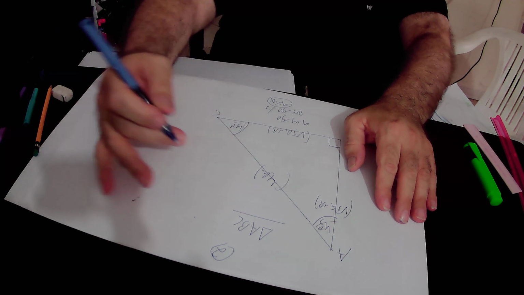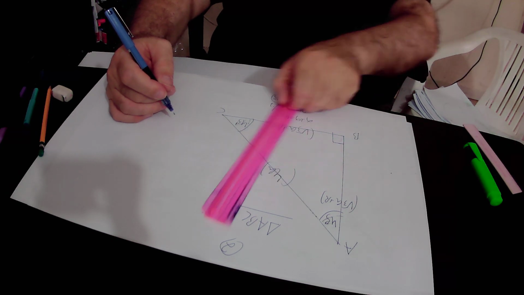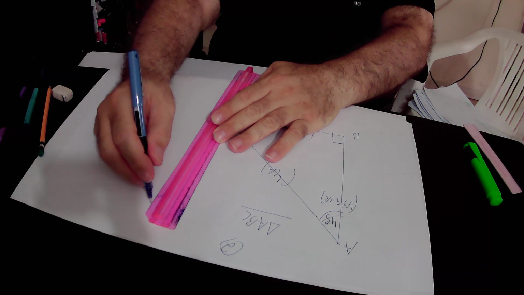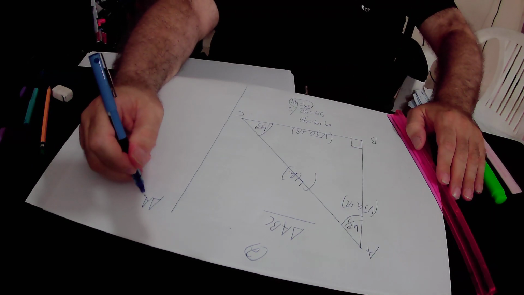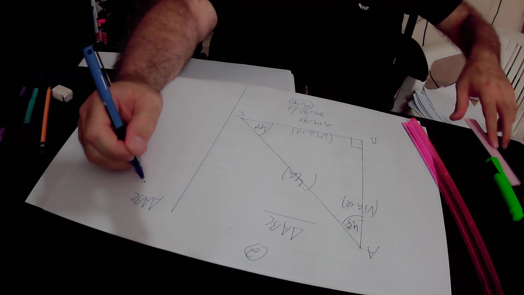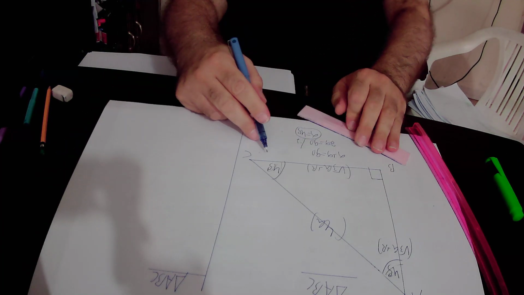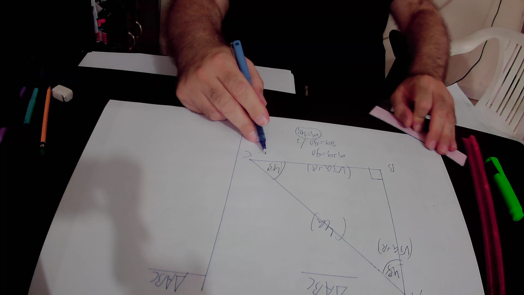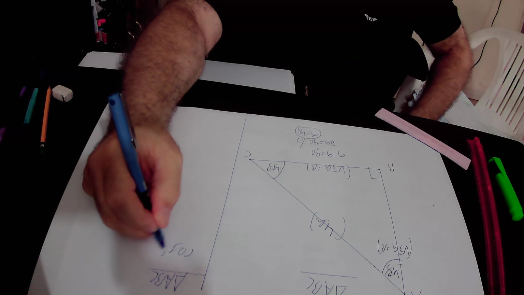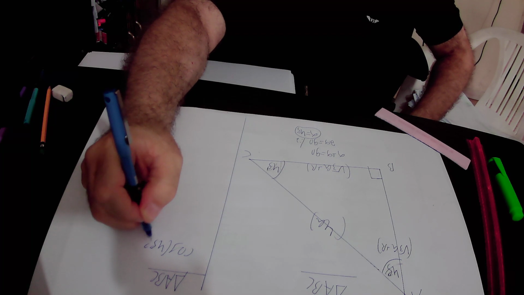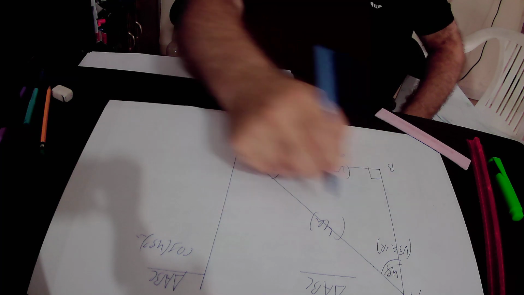We continue to focus on the right triangle ABC. If we focus on this angle, we get that cosine 45 degrees equals BC over AC.